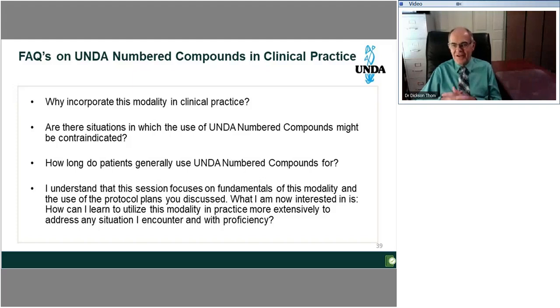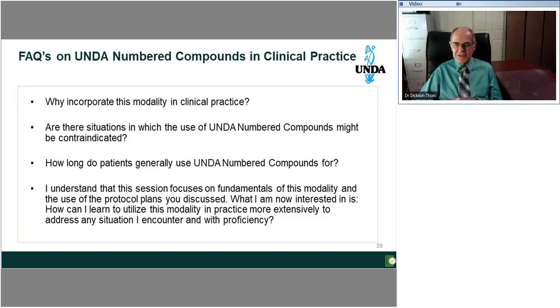I got a skin rash. I had a temperature. I had a fever, whatever. And they think, oh, I'm reacting to the UNDA numbers. Actually, you're not reacting to the UNDA numbers. What you're reacting to is the physiologic effect that the UNDA numbers are creating. And so we need to slow it down, and we need to slow the dosage down. So technically, the answer is no, but in specific situations, you may have to be a little more cautious, generally speaking.